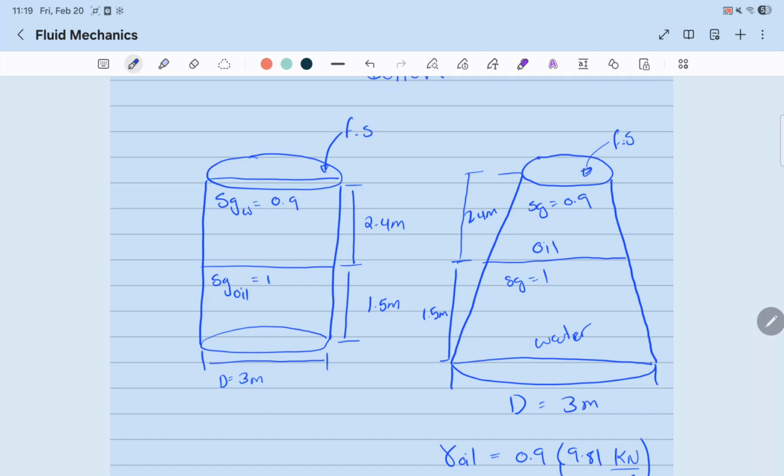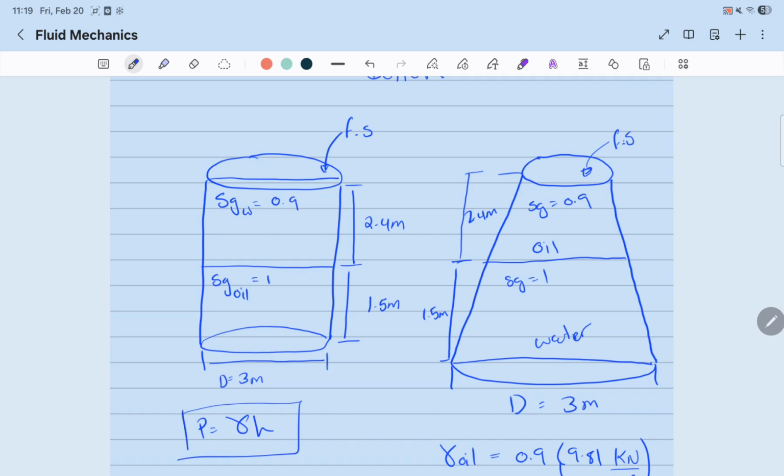Now the question is, will the pressure at the bottom of the cone be similar to the pressure at the bottom of the cylinder, even though the parameters are the same? The only difference is the geometry. And the answer will be yes, because again, pressure depends on the specific weight of the substance times the height.